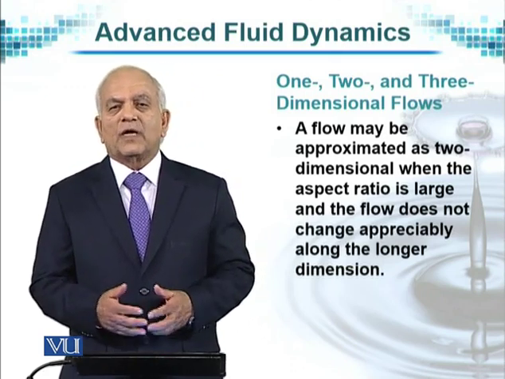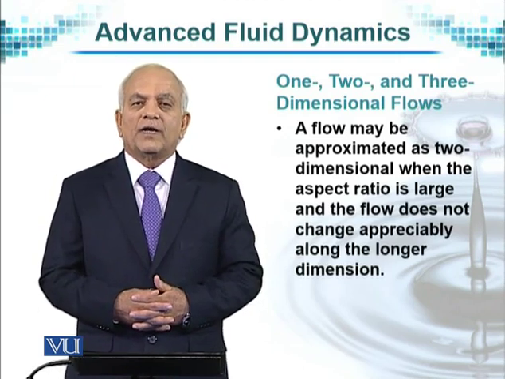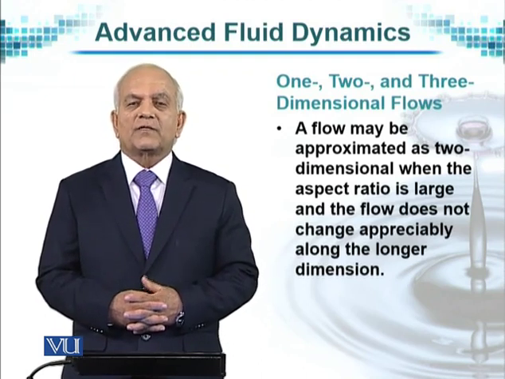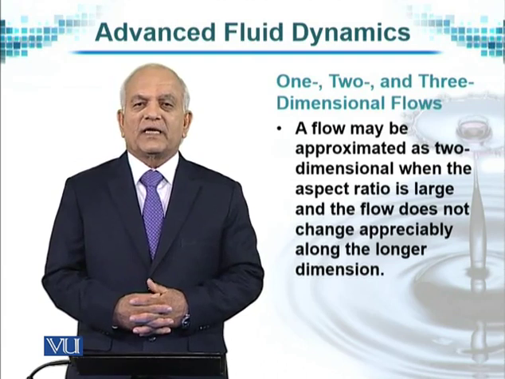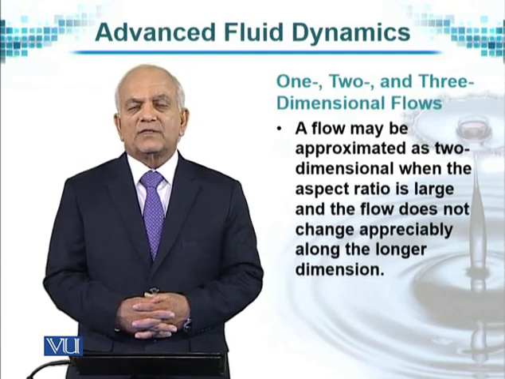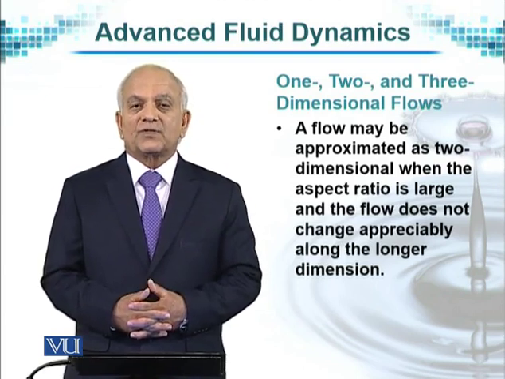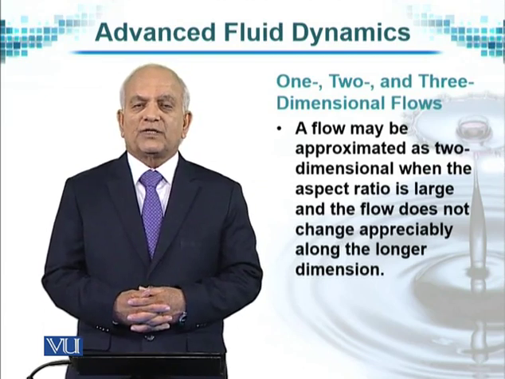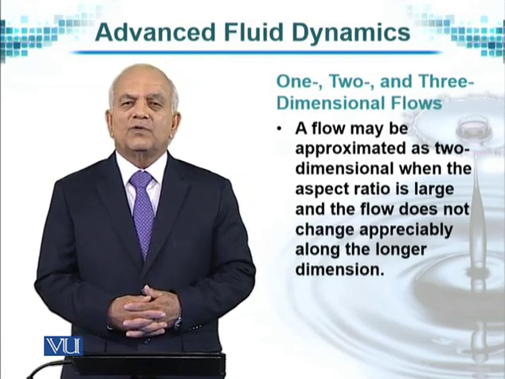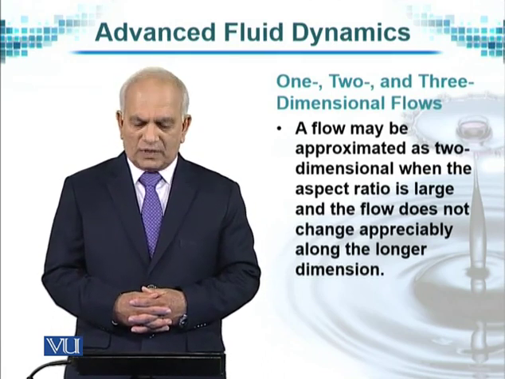When we are considering two-dimensional, if there is r and theta direction, for example, and if at large r the velocity does not change much with respect to theta, or if there are xy directions and the flow is moving in the x direction, after large times, if the movement of flow develops only in the x direction and it does not change much with respect to the y direction, then we can ignore the y component, and solution of the x direction equation is sufficient to predict the flow conditions.